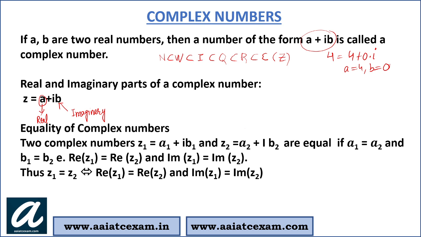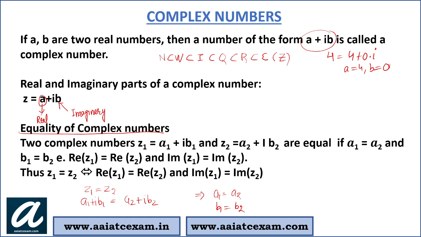Next topic is there, equality of the complex numbers. Consider, students, there are two complex numbers z1 and z2. The z1 is a1 plus iota b1 and the z2 is a2 plus iota b2. Then these two complex numbers are said to be equal if real part of first is equal to real part of second, and the imaginary part of first is equal to imaginary part of second also.